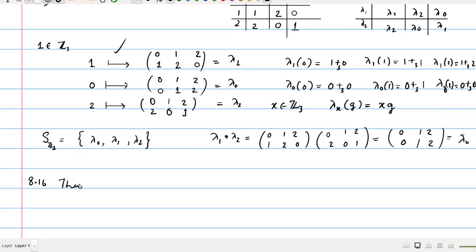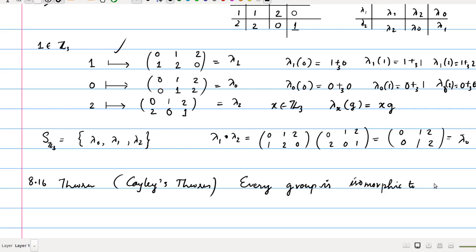This is a famous named theorem called Cayley's theorem. This theorem states that every group is isomorphic to a group of permutations.